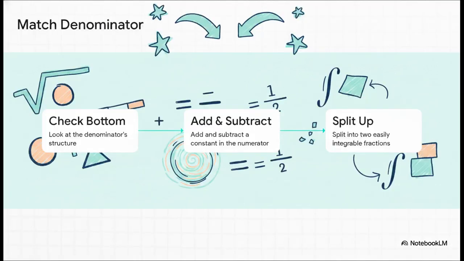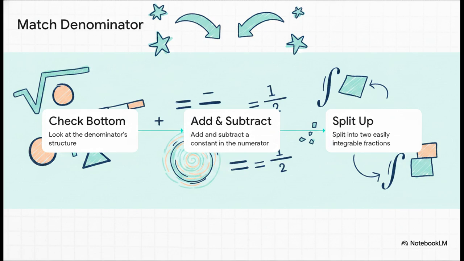Here is another brilliant little trick, forcing the denominator to appear in the numerator simply by adding and subtracting the exact same constant. This one takes a tiny bit of patience, so let's break down the 3 steps. Step 1. Look strictly at your denominator. Let's say it is x squared plus 1, but your numerator just has a lonely x squared. Step 2, just add 1 and subtract 1 on the top.